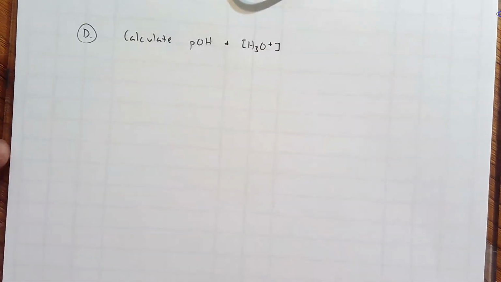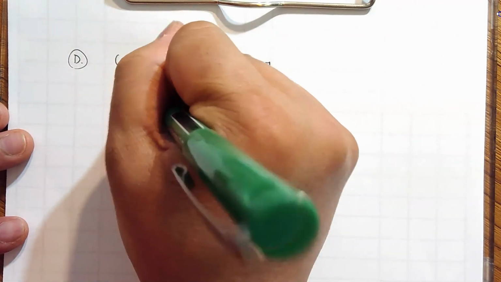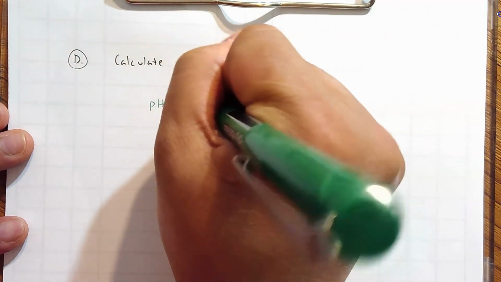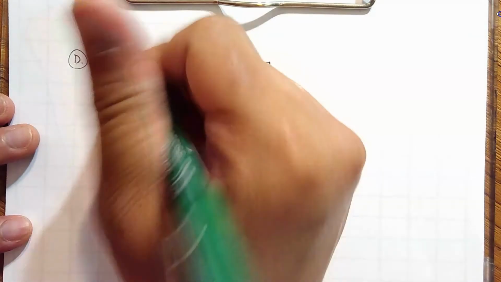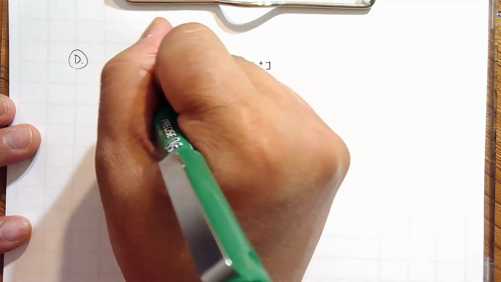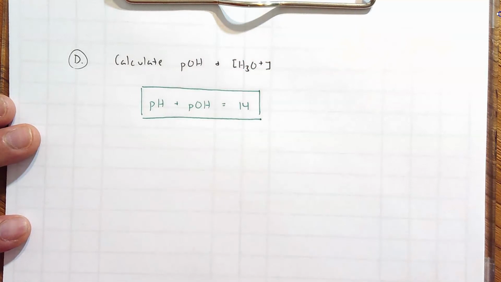pOH is simple. I'm not going to derive it, but let me give you the equation. pH plus pOH equals 14. Okay, you can put it in a box. But there's a caveat. There's a warning here.